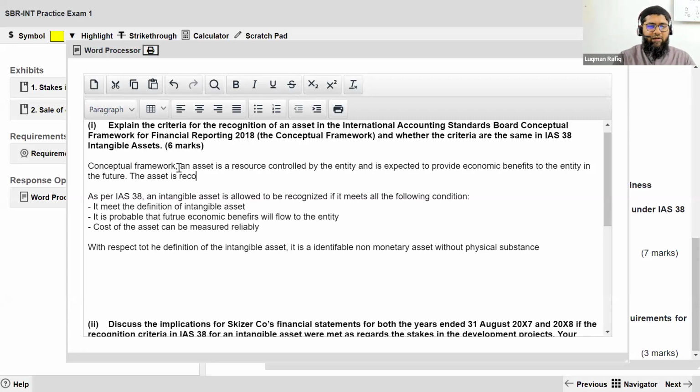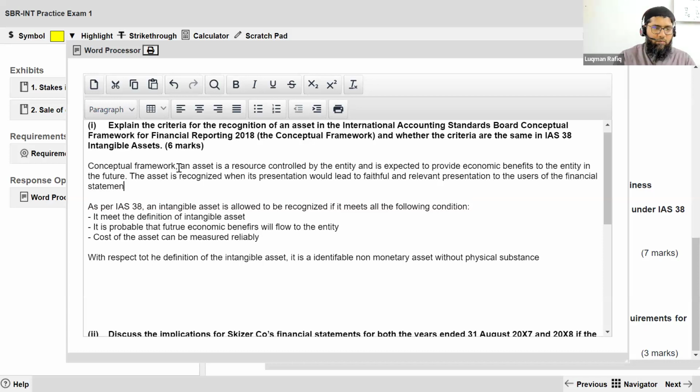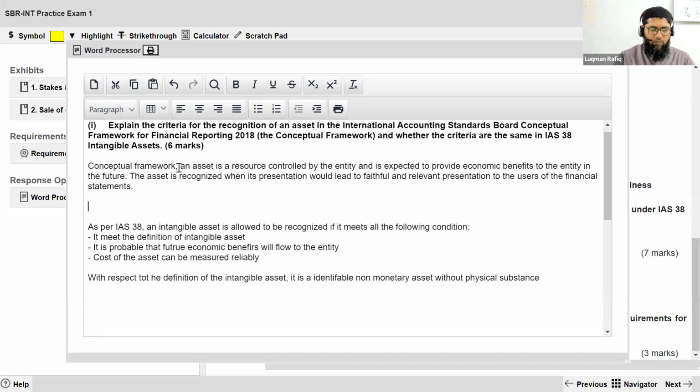The asset is recognized when its presentation would lead to faithful and relevant presentation to the users of the financial statements. You get my point.